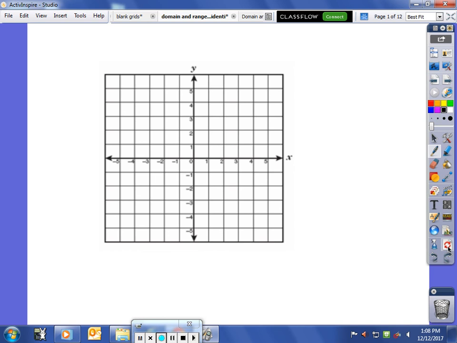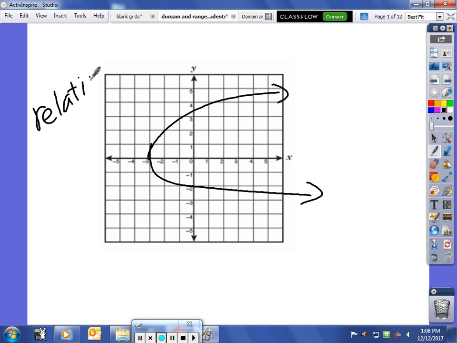Okay, what if I gave you a sideways parabola? Now, it's not a function. Why is this not a function? It fails the vertical line test. So this is just a relation, but we can still talk about domain and range of a relation. Domain, you look at the left and the right. What's the lowest x value? -3. What does it do to the right?